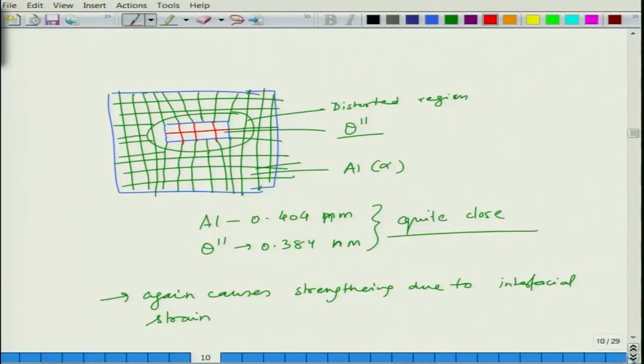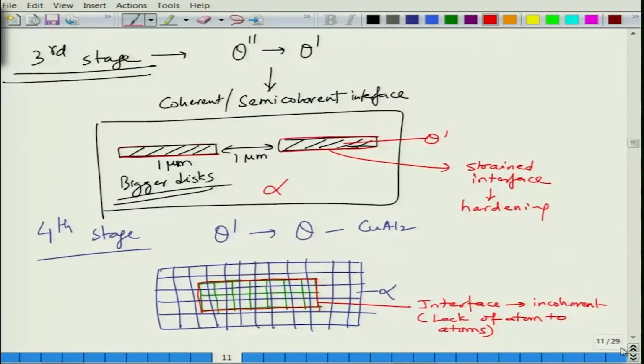So, to decrease that interfacial strain, you will have to nucleate more and more dislocations. So, as a result, you will lose this interfacial contact or atom to atom contact altogether, and what you form is an incoherent interface with many dislocations, and that is where you will lose hardening.